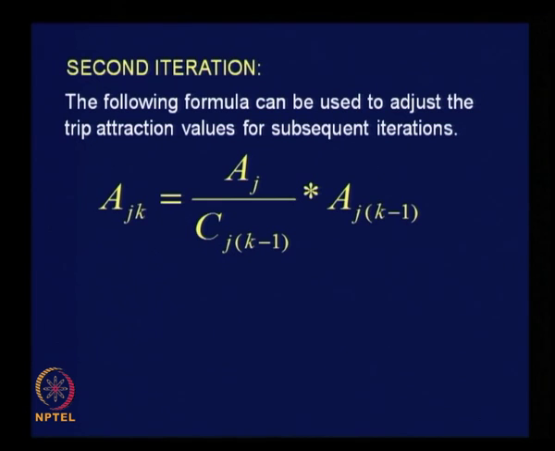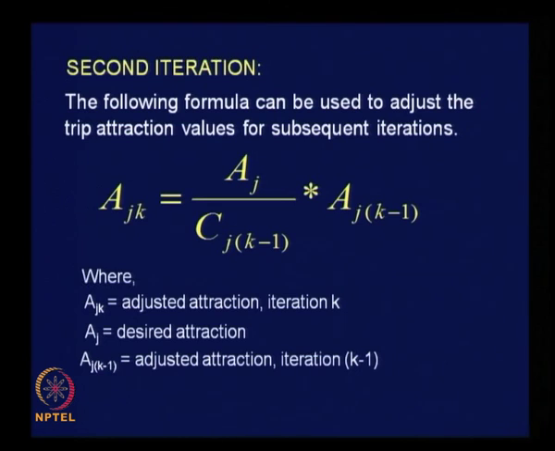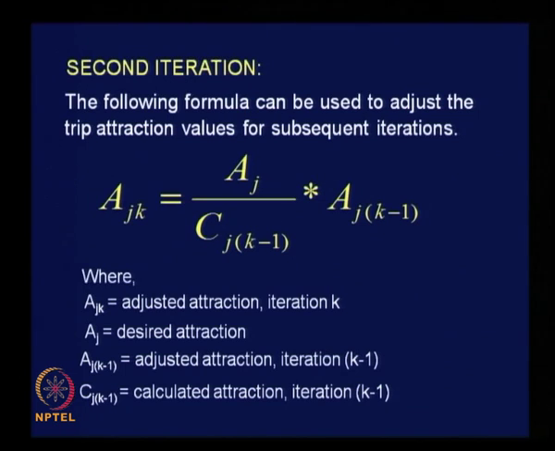We say Ajk is equal to Aj divided by Cj(k-1) into Aj(k-1), where Ajk is the adjusted attraction pertaining to iteration k; Aj is the desired attraction, which was originally the input for the model; Aj(k-1) is the adjusted attraction pertaining to iteration k-1; and Cj(k-1) is the calculated attraction as per iteration k-1.